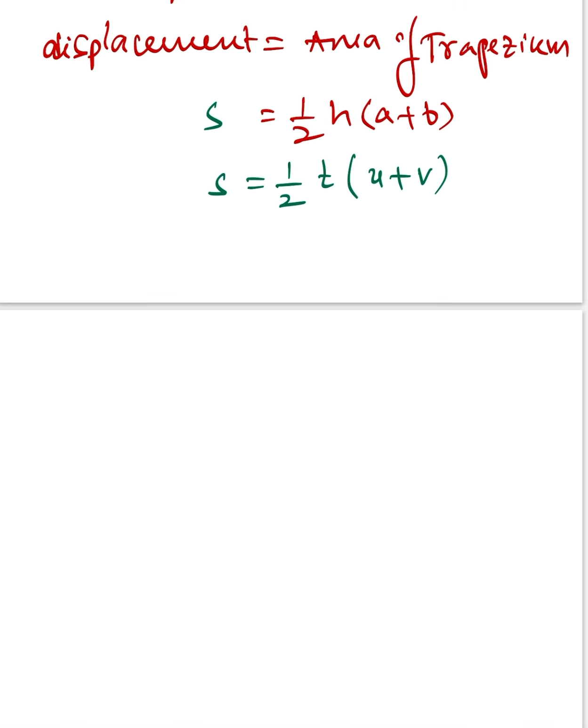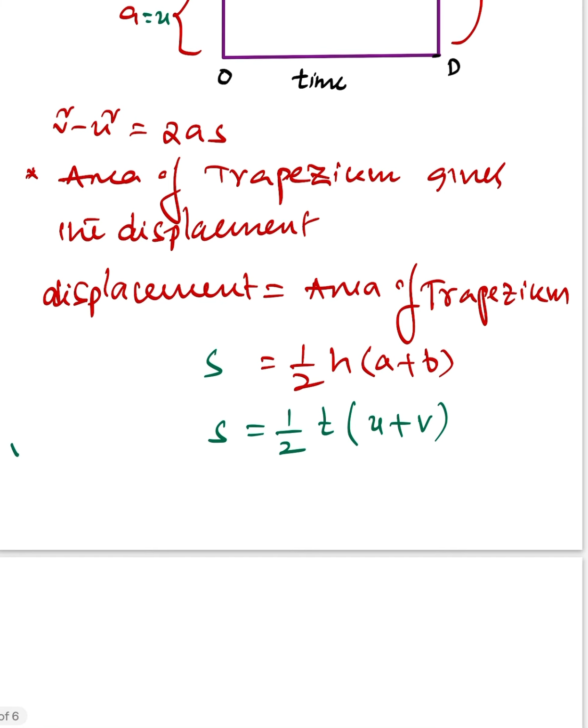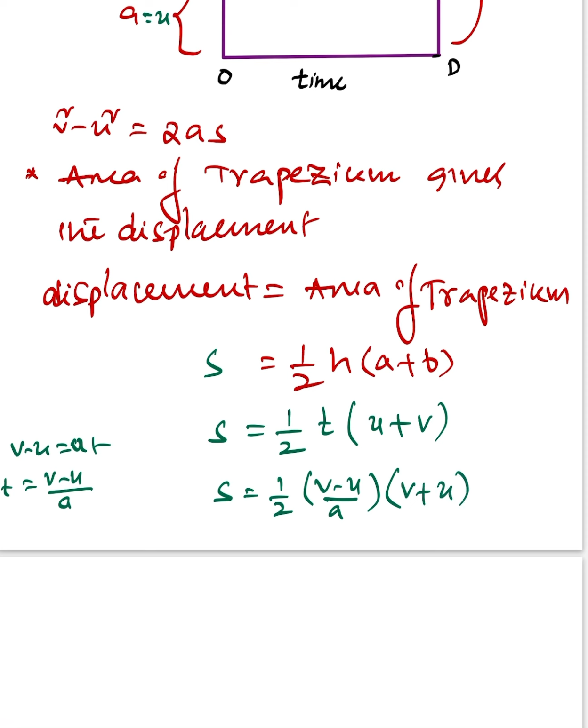From the first equation of motion, v minus u is equal to at. Then t equal to v minus u by a. Then substitute here half t in place, v minus u by a. Can I write u plus v into v plus u? a plus b, b plus a same, right?